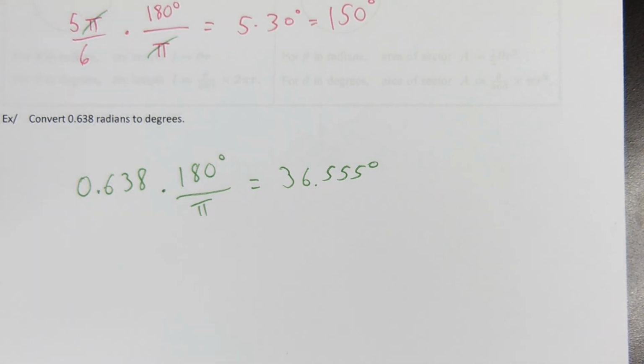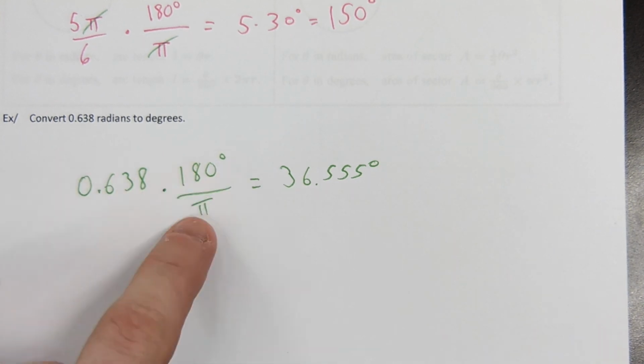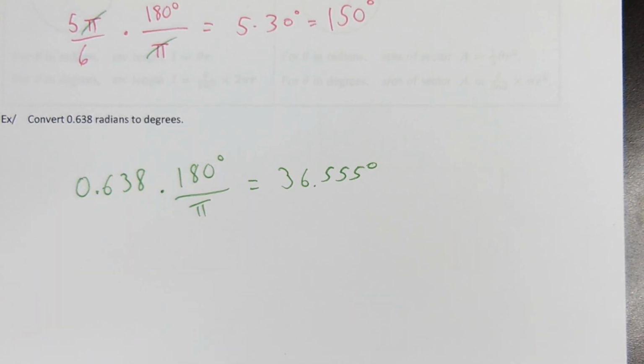So 2 radians would be 360 divided by pi, and I don't know what that answer is. It's like 72-ish, I think. But 0.638 is a number of radians. It literally means less than 1 radian, whereas pi radians means 3 and change radians.